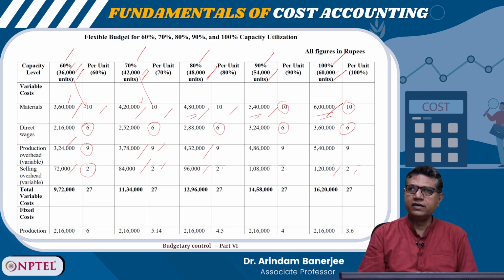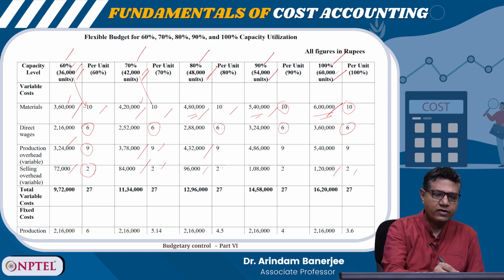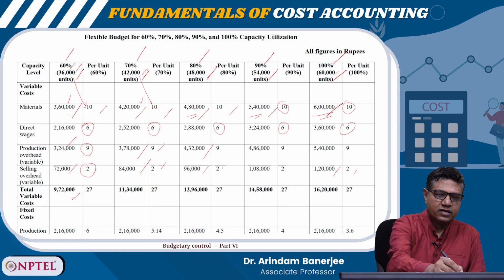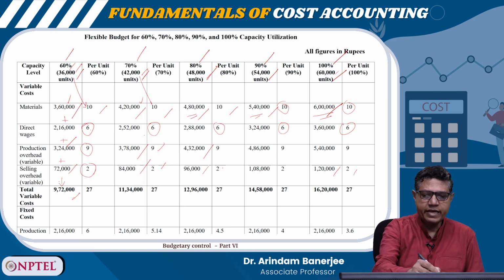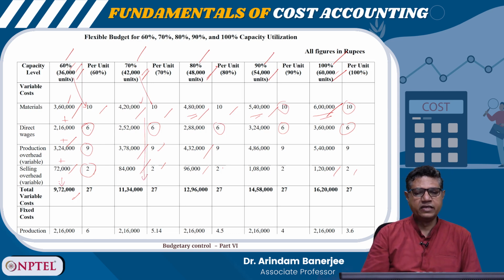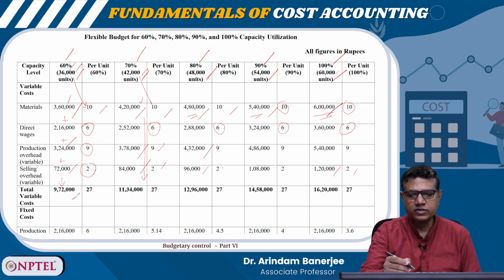If we add this, we will get the total variable cost. So, 3 lakh 60,000 plus 2,16,000 plus 3,24,000 plus 72,000. If I add, so I will get 9,72,000. Similarly, by adding these columns, I am getting at 70% capacity 11,34,000.